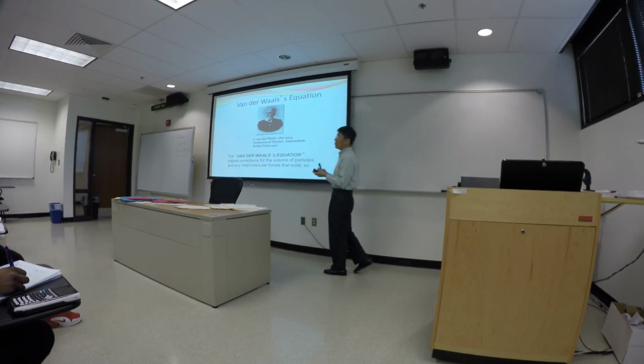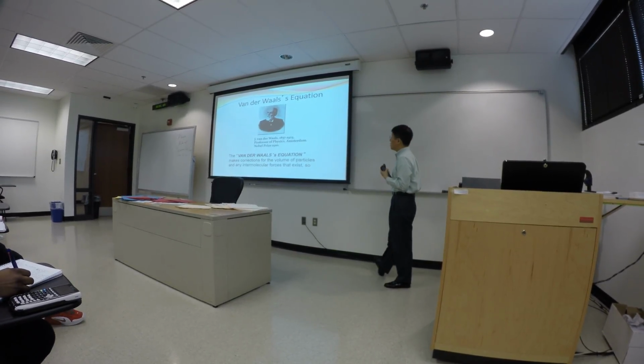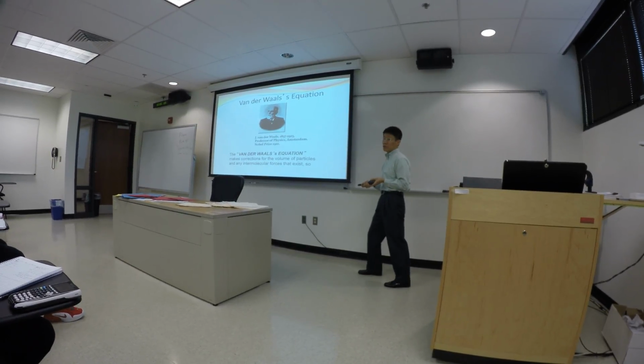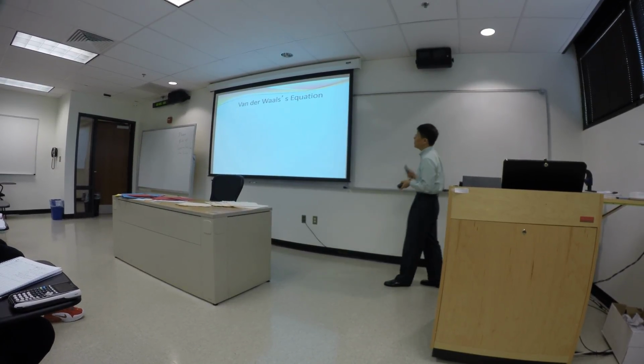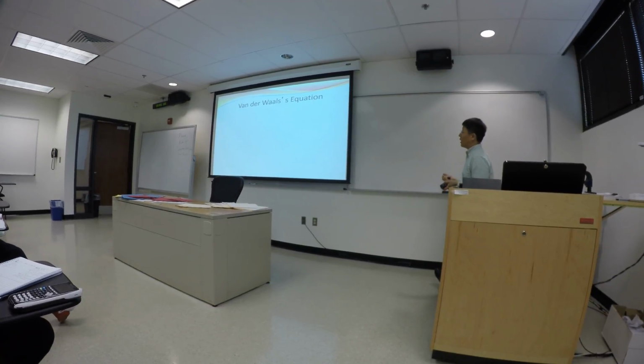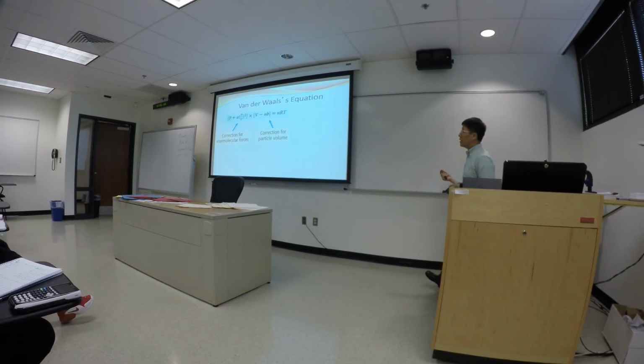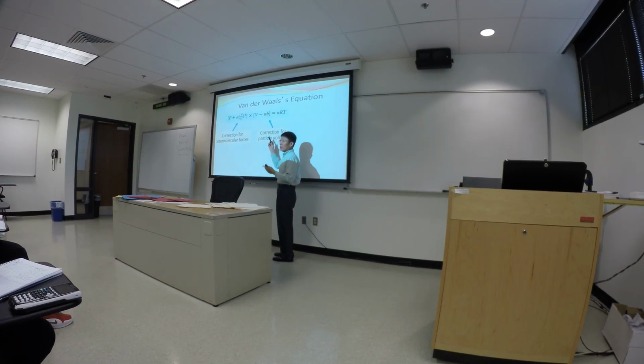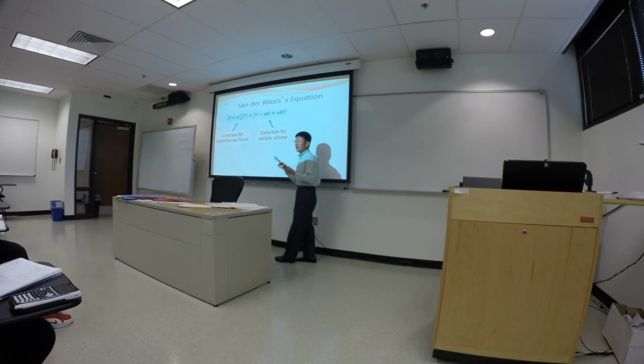You have to take that into consideration. Also, the pressure interaction between the gas molecules, you have to take into consideration. So he made some corrections and some measurements in the laboratory for each of the real gases. And this is the new form, we won't call it the ideal gas law, the correction of the ideal gas law.